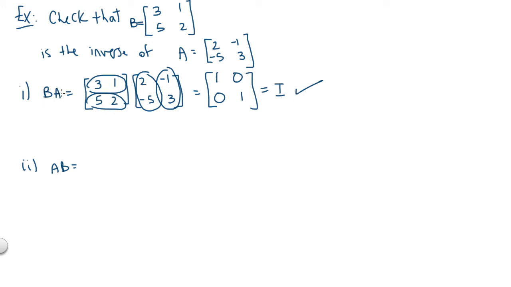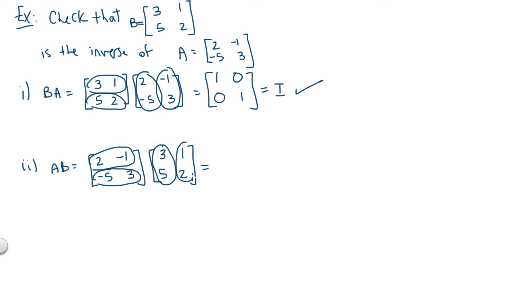We want to make sure that B is undoing A. And we want to make sure that this is still true if we multiply our matrices in the other order as well. So this time we'll do A times B. So let's circle the rows of our first matrix, columns of our second matrix, and we'll build our dot products.